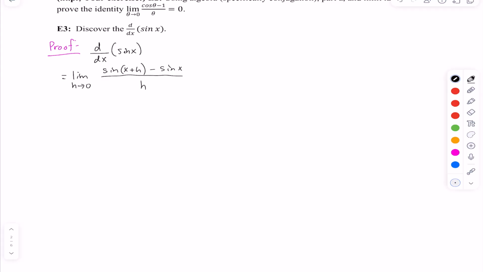If we could simplify this, we're hoping we will get a function of x. Now the rest of the substitutions just involves your trigonometry experience. And of course, you're going to need some algebra along the way.